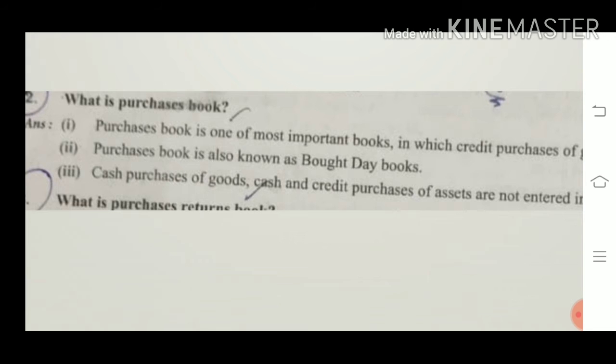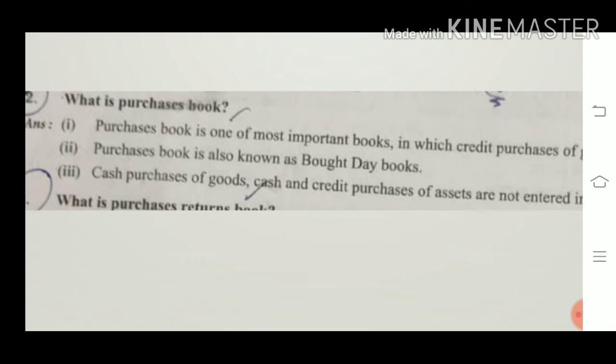Only credit transactions are taken, not cash or non-credit transactions. So it is known as the purchase book.